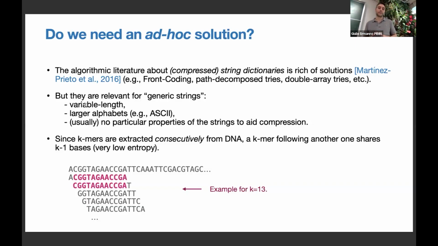We are in a very specific setting because we have k-mers, which share k-1 symbol overlaps, and we want to exploit the fact that there is a lot of redundancy in the set. They are of fixed length and the alphabet is small. So as you can see, we have many constraints in our problem. This question is actually a little bit rhetorical. The answer is yes, we do need a specific solution.